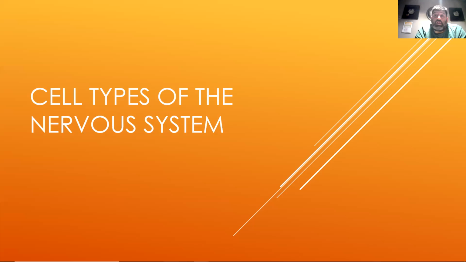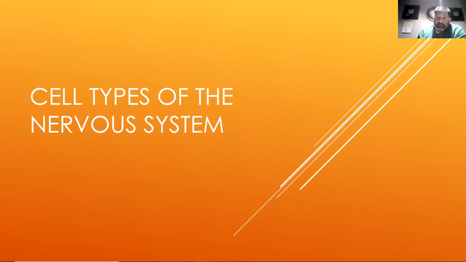You'll also see in this video listed the various types of glial cells. That's an odd word, G-L-I-A-L, glial cells. But we won't really talk about those in this particular video, but in the next lesson we'll be talking about glial cells.